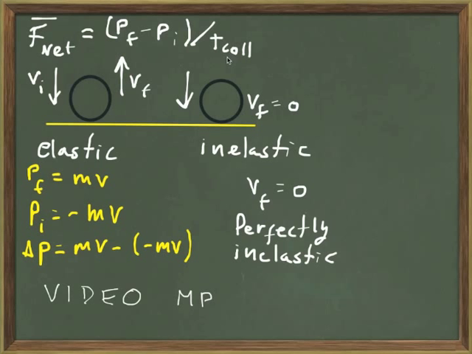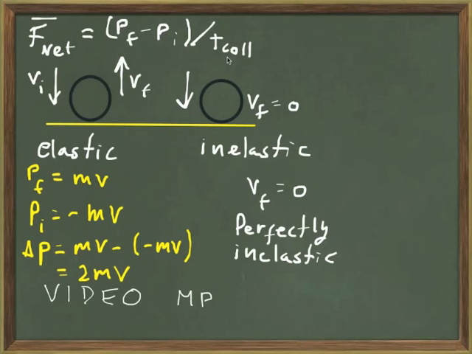It is the final momentum minus the initial momentum. So the final is mv, the initial is minus mv. So what is that equal to? That's right, 2mv. So the ball that bounced experienced a change in momentum of 2mv because it had minus mv to start with, and it ended up with plus mv.